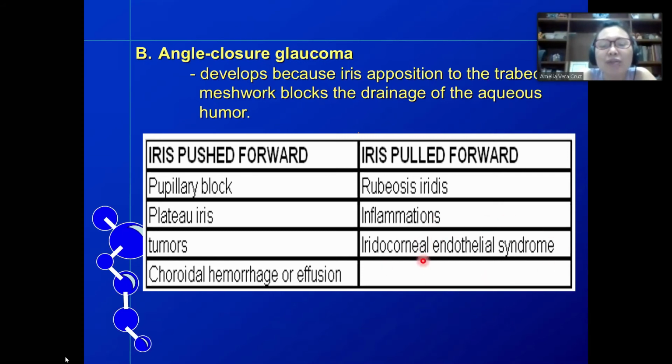Para ito kanina, yung pseudoexfoliative glaucoma. It is like this one also. This will produce membranes also at the periphery. Then this membrane, it will retract, pulling the iris towards the cornea. Ganun ang mga mechanism nila.